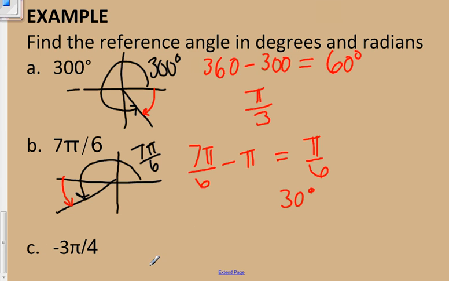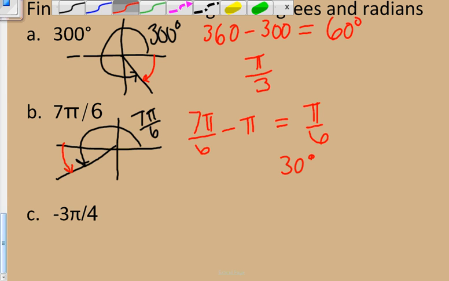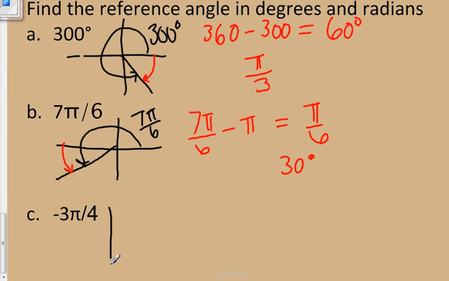Let's look at another one. Let's look at negative 3 pi over 4. So as we take a look at negative 3 pi over 4, again, let's figure out where we are. Negative 3 pi over 4, it's more than a half, but less than 1. And we're going negative, so make sure we go clockwise. So we land, again, down in quadrant number 3.